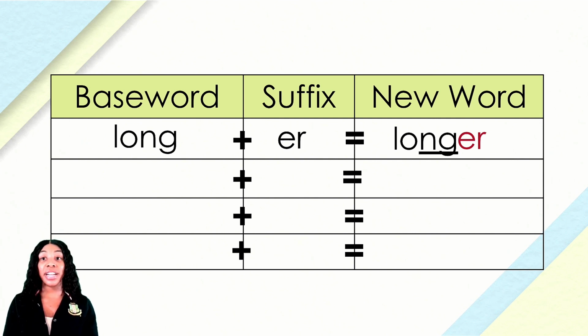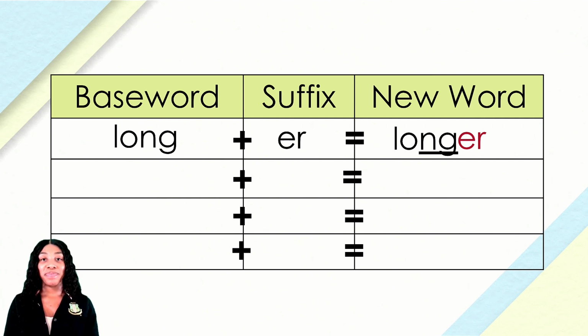This is because there are 2 consonants, N and G, before the suffix. We'll watch for a similar pattern as we continue. How did er change the meaning of long? It changed the meaning to mean something is more long.